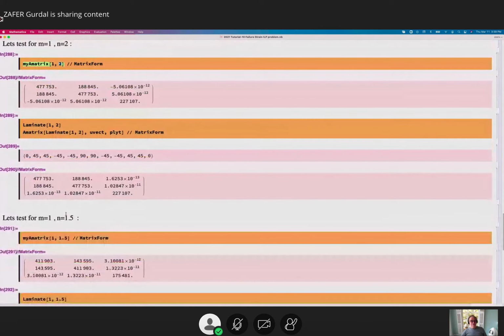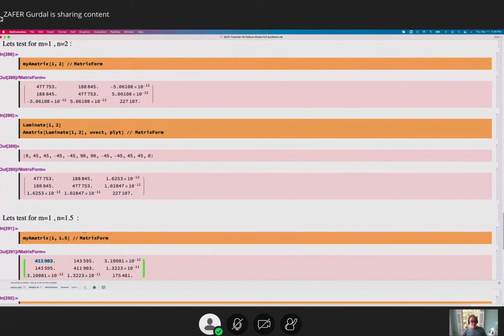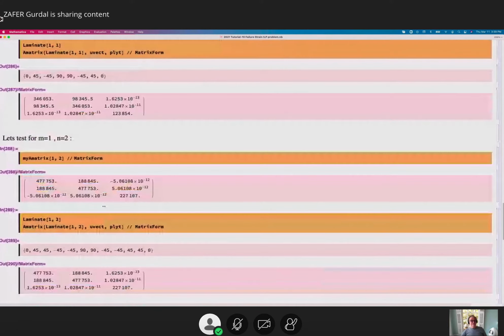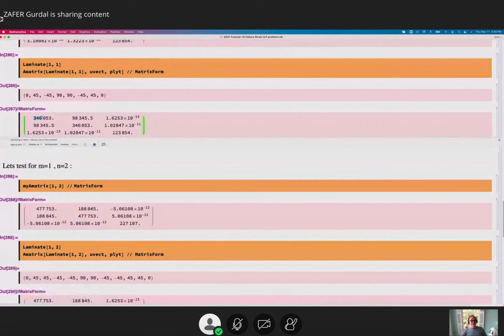But if I take some value halfway in between, n equals 1.5, this 411 is, I believe, halfway between 477 and 346. So the new A matrix value is between the laminate 1,1 and laminate 1,2.